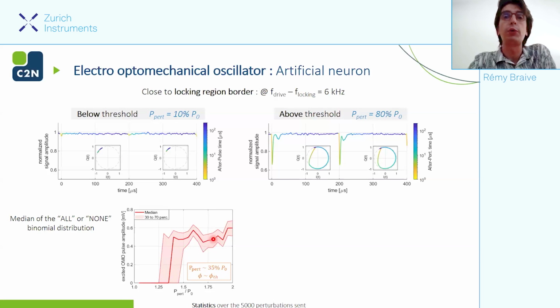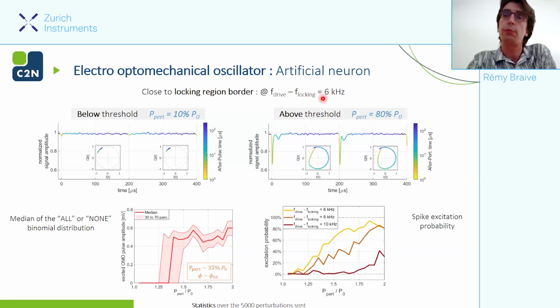As I said, we did here an example for 6 kilohertz, so we are close to the edge of the locking region. But if we change the position in the locking region, if we go deeper in the locking region, of course, we need to increase the amplitude of the perturbation in order to reach a spike excitation probability close to 100%.